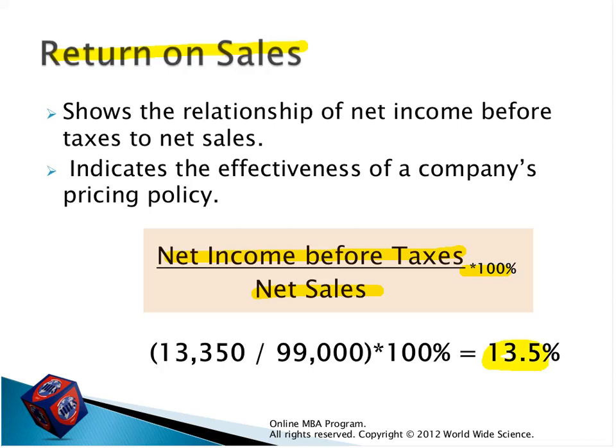That means our net income, which is before taxes, is 13.5% of net sales, that we can generate net income from the sales by the 13.5%.